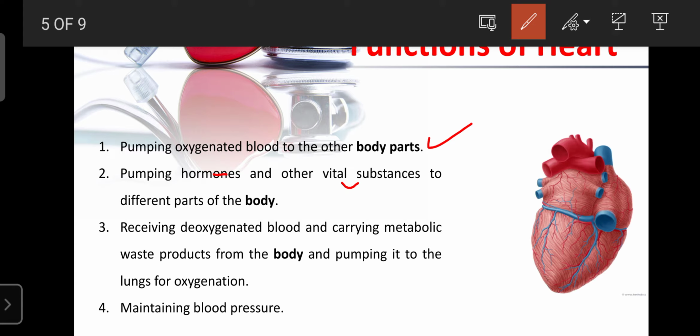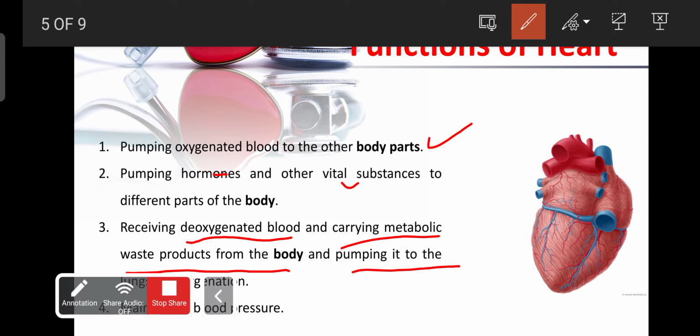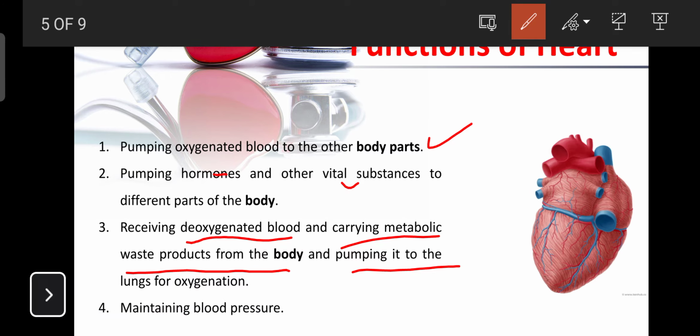The heart also receives deoxygenated blood, carrying metabolic waste products from the body, and pumps it to the kidney as well as the lungs. For the kidney, it helps in excretion of waste material. For the lungs, it helps remove carbon dioxide from the blood and gain oxygen.